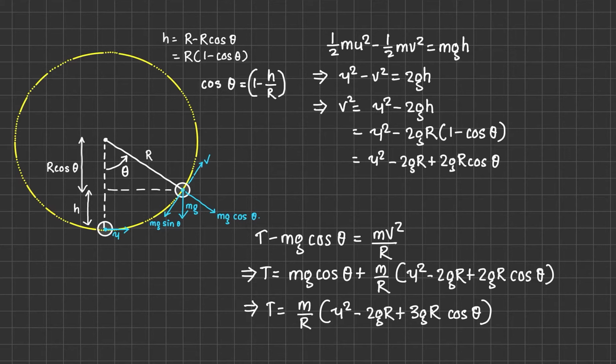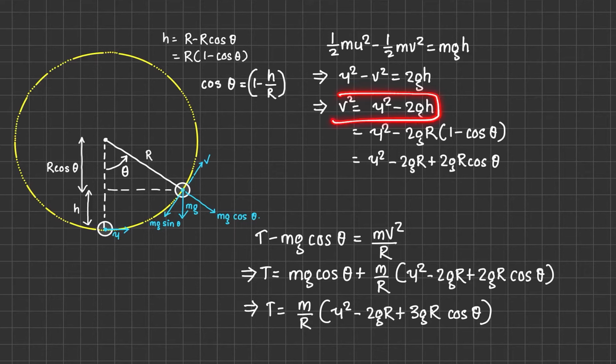Now at any random point, if we need to find the velocity, how do we find it? We will use this equation again, half mu square and half mv square. The difference between these two energies should be the work done by gravity, which is mgh. So from here we get the expression of v as u square minus 2gh.